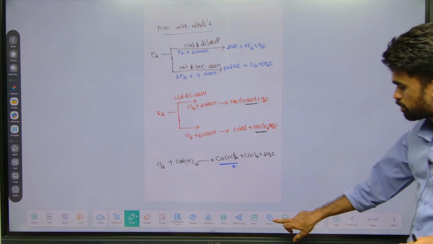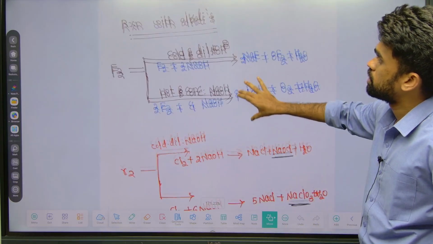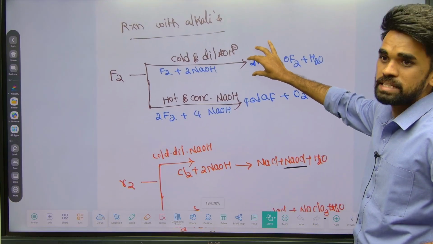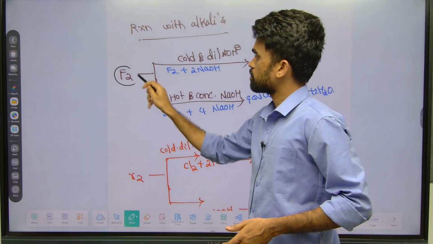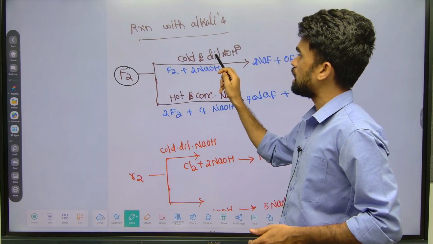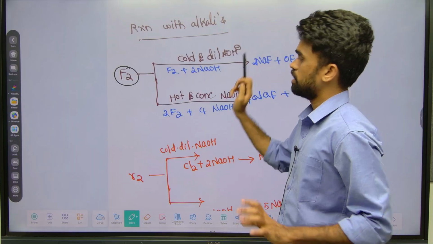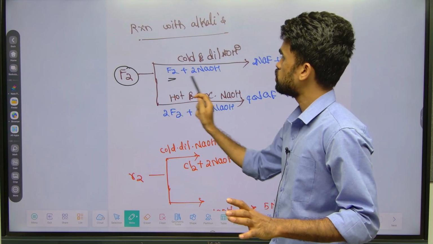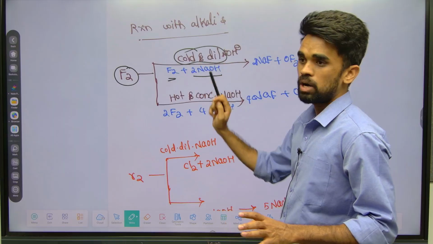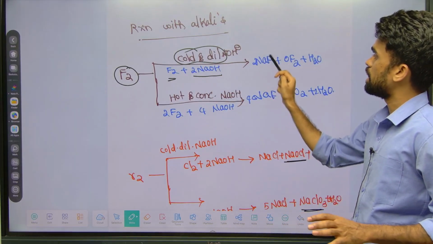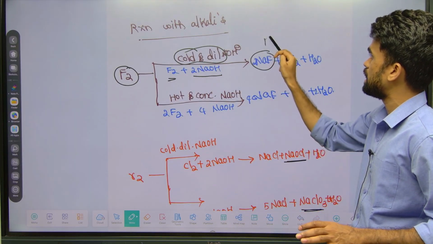These reactions are important. Just look here. Reactions with bases like alkalis. Fluorine, upon treating with cold dilute NaOH, the reaction will be like this: F2 plus 2 NaOH. What is the condition I am taking? Cold dilute. The product formed is NaF, which means F minus is formed.